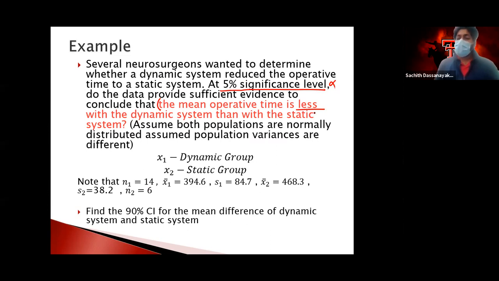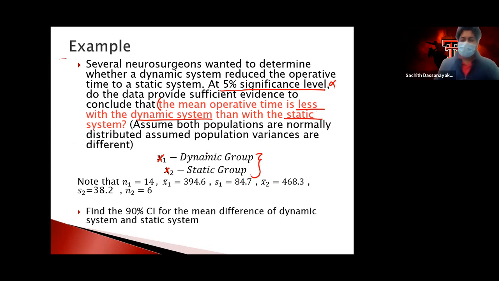So you have to define two samples right here. I have mentioned, the first one is based on dynamic systems, the other one is static systems. Based on these two, I have mentioned x1 and x2. All values are here. They have given them. This is part of the question. Everything from top to bottom is the question.